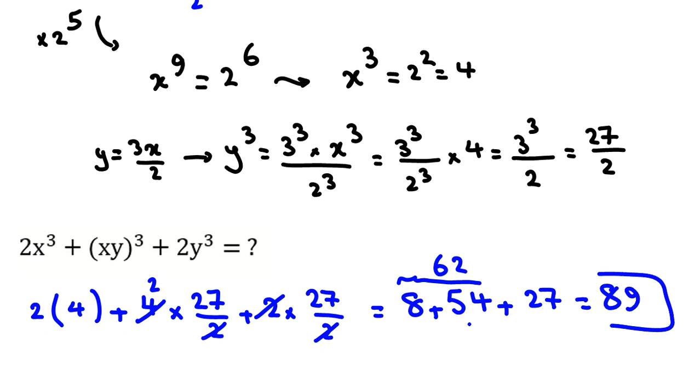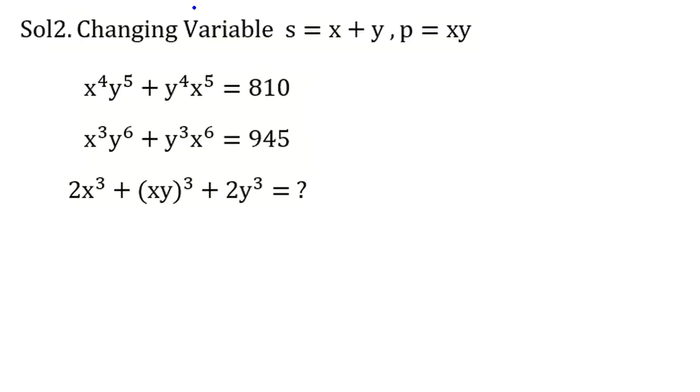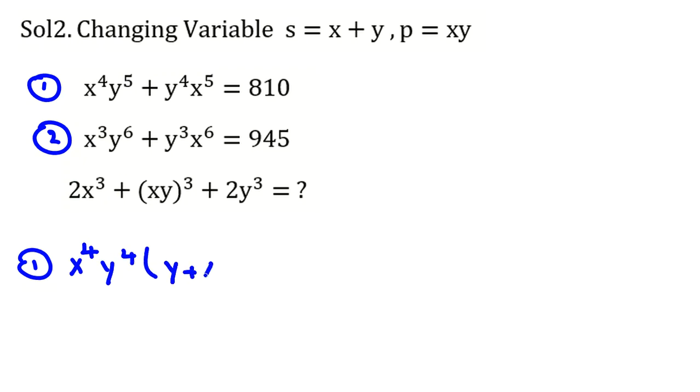Now let's jump into the second solution. Okay, solution number 2, we said we want to use this changing variable that is so famous. Sum s equal to x plus y and product p equal to xy. So again, I consider the first equation, second equation. In the first equation, I factor from x^4, y^4, and it will be y plus x equal to 810.